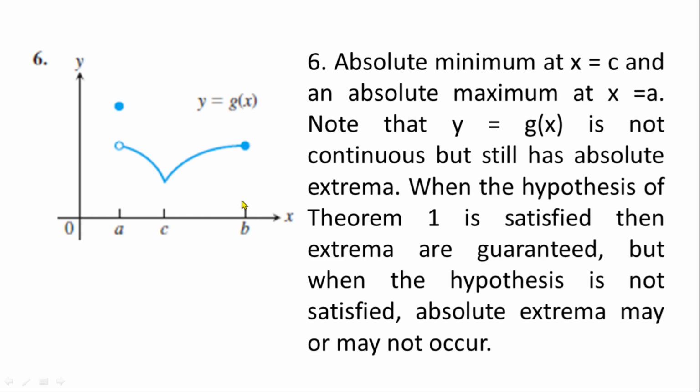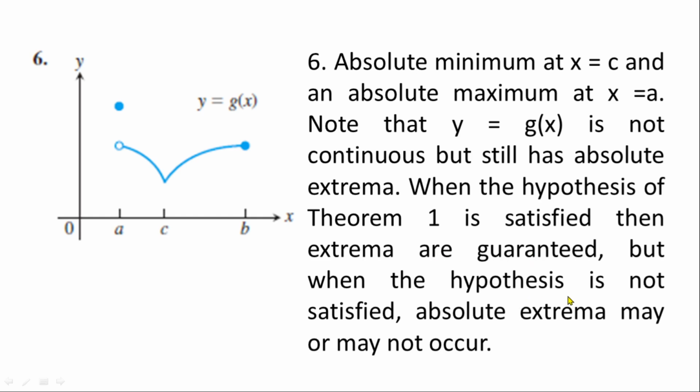Another example. Here there is an absolute minimum at x equal to c and an absolute maximum at x equal to a. Note that y equal to g of x is not continuous but still has absolute extrema. When the hypothesis of theorem 1 is satisfied, then extrema are guaranteed.